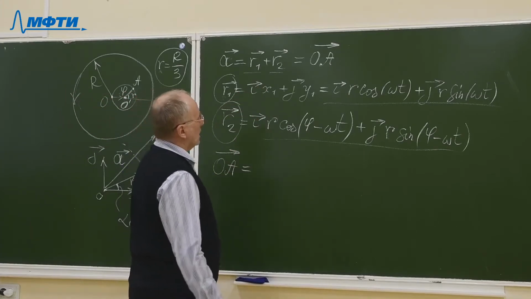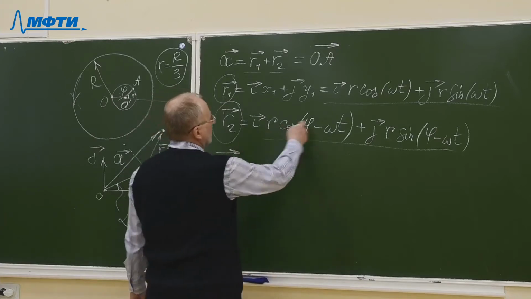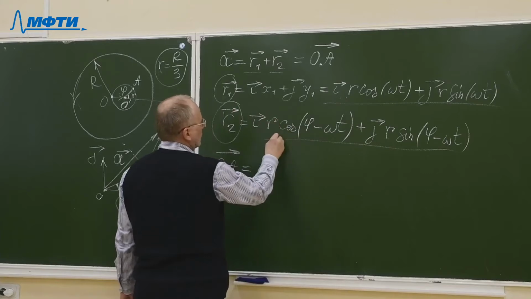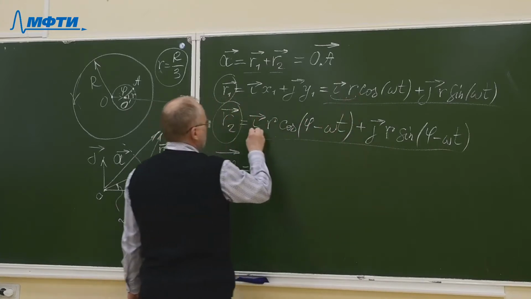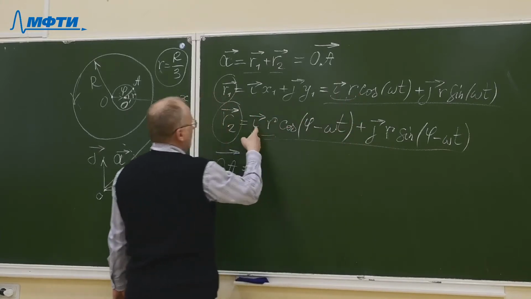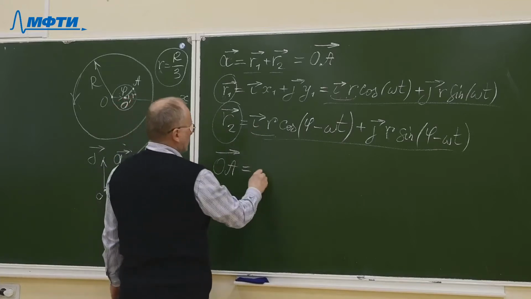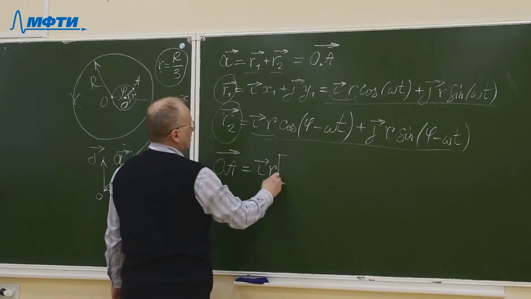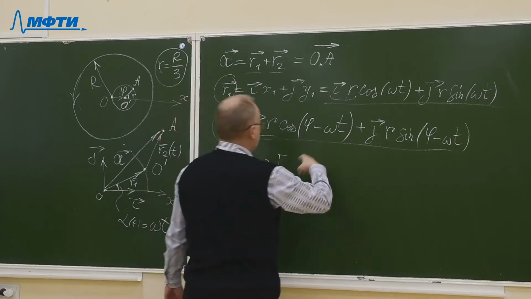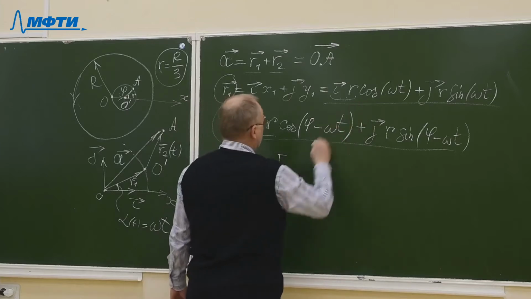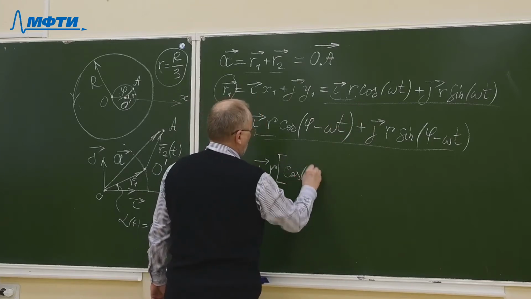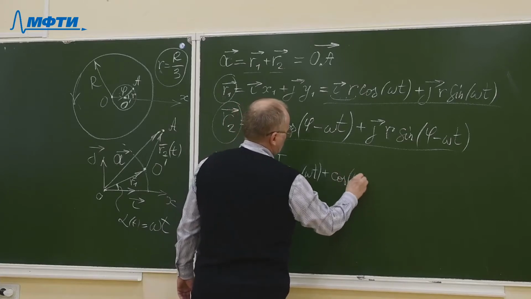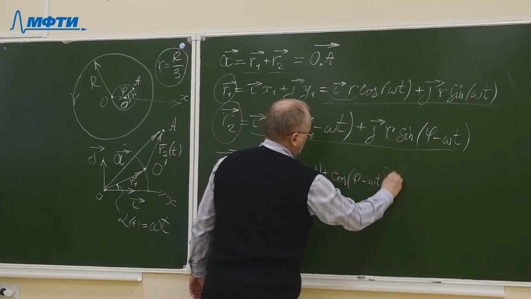What can be factored here? I will group the first term in the first line and the first term in the second line because they have the same direction along the unit vector i. So unit vector i and amplitude R will be the common multiplier, and inside the square brackets I will get cosine omega t plus cosine of phi minus omega t.